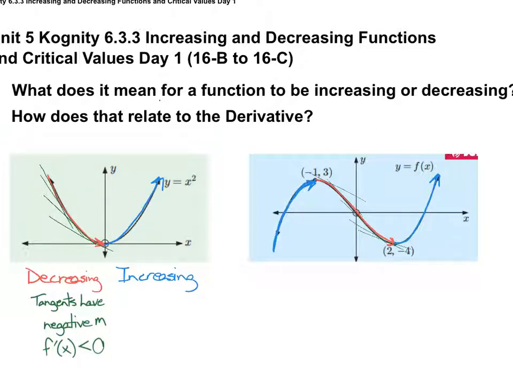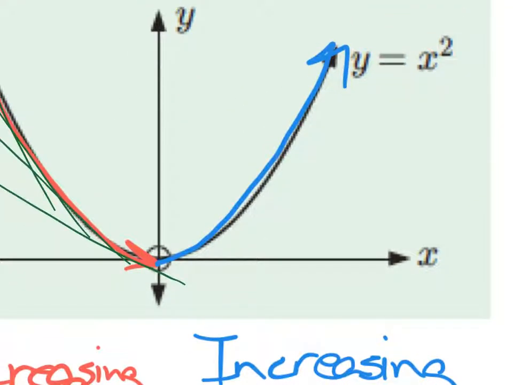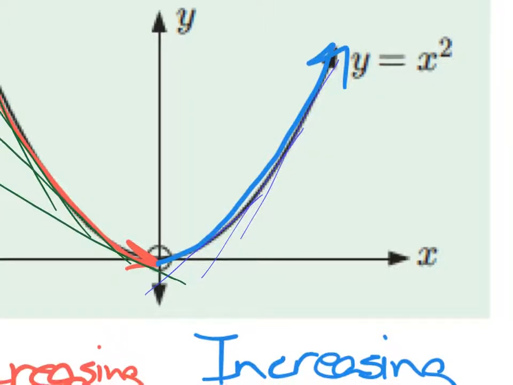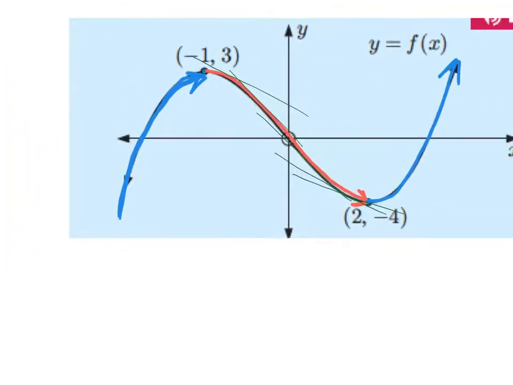Now, let's do purple. The increasing parts. So there's a tangent, there's a tangent, there's a tangent. Over here. Here's a tangent, a tangent, a tangent, a tangent. Over on this part where it's increasing, those are all tangents.